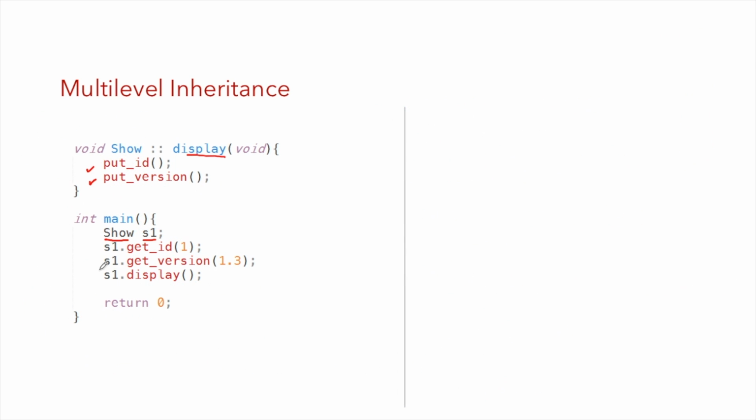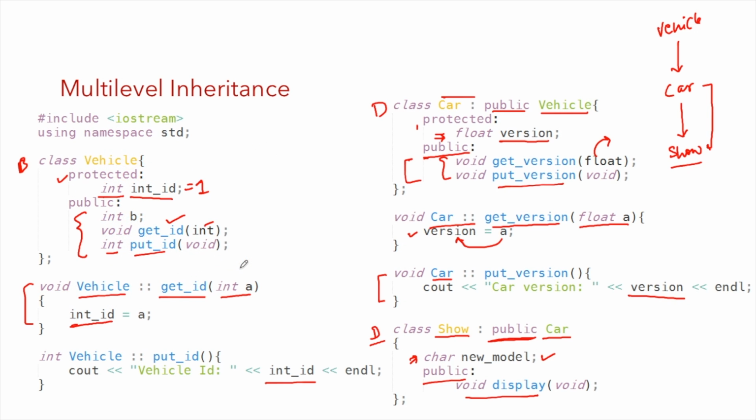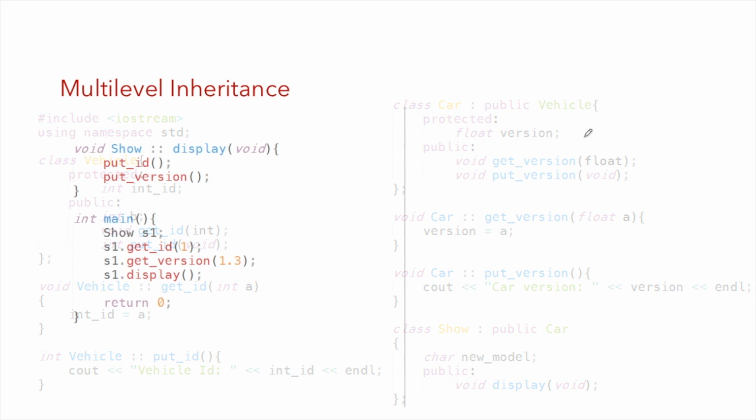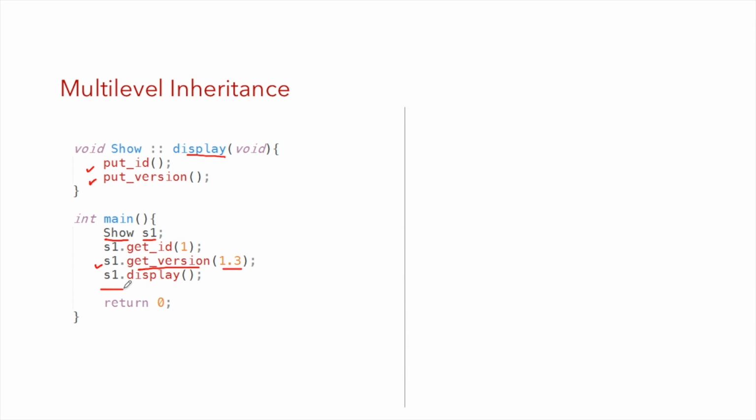Then in the next line, I call s1 dot get version, passing 1.3, so this function will be called and version will become 1.3. And then on the next line, we are calling the display function, which is this one.